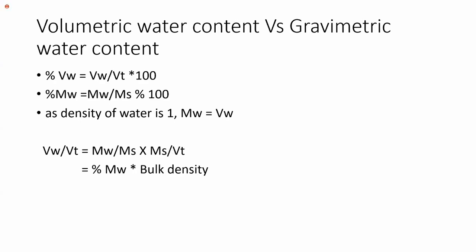So if you know the gravimetric water content and you measure the bulk density, then you can convert the gravimetric water content into volumetric water content. Okay, so that is how to convert. If you have any doubts so far, you can ask. Otherwise, I'll go to the next slide.